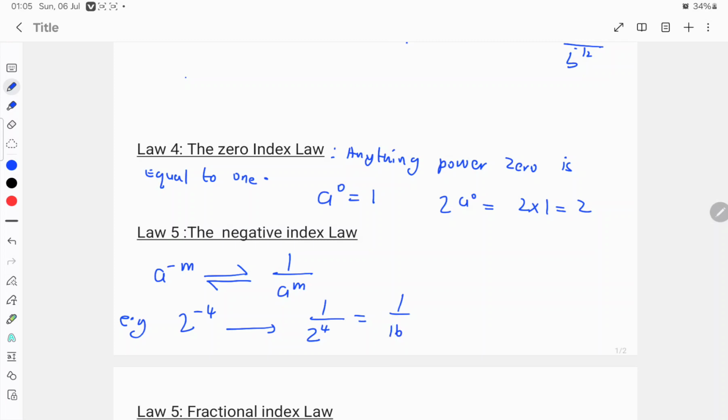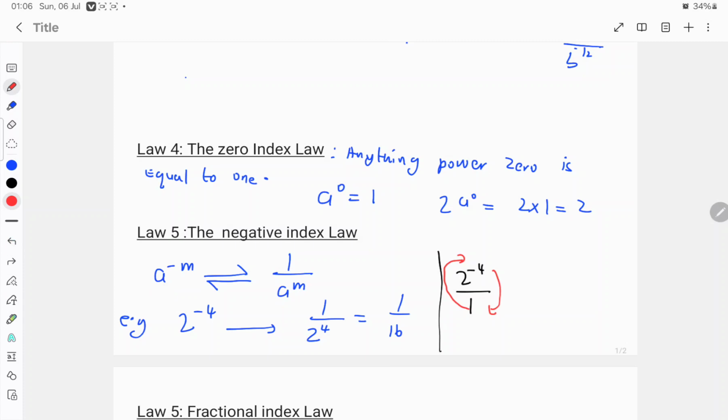What you can see is that this thing was also 2 power negative 4 over 1, because every number is always over 1. Then what you're actually doing is bringing the 1 on top and this one down, but the sign must change. That's the negative index law. Be able to move from this one to this one and from this one to this one.